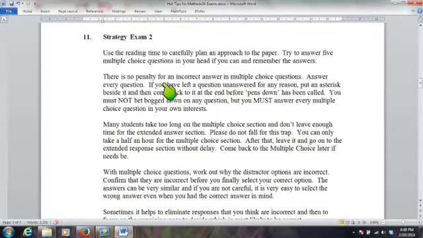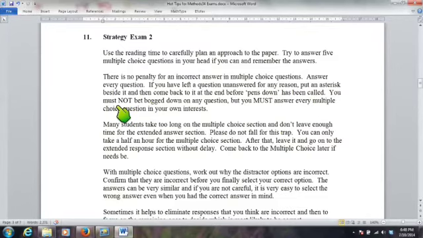Answer every question. Don't leave any out. If you've left a question unanswered for any reason at the time, it's a bit hard, or you're starting to melt down and you just can't figure it out, you need to go somewhere else, put an asterisk beside it and then come back to it at the end before the pens down call at the end of the paper. All right?